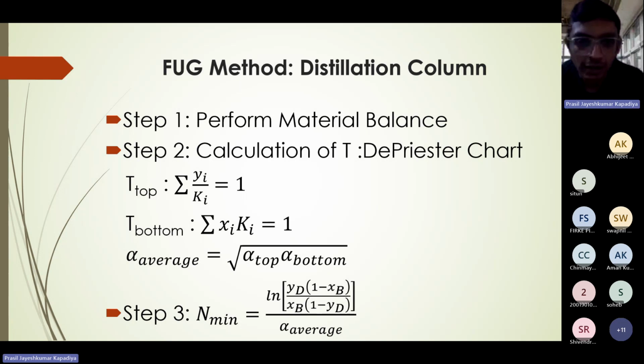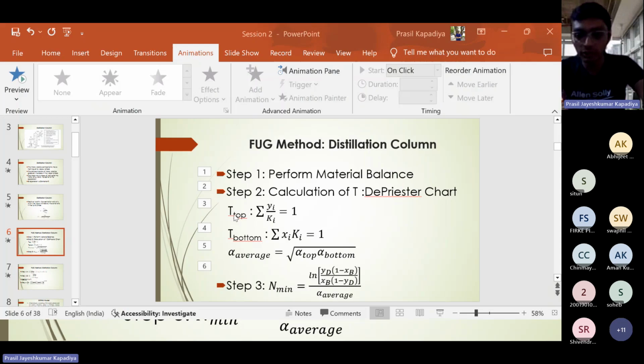For that, the top temperature is given by summation of yi by Ki equal to 1, and the bottom temperature we estimate by summation of xi into Ki equal to 1, and we take the value of average alpha as the geometric mean, alpha top into alpha bottom raised to 1 by 2. This DePriester chart, I will show that to you.